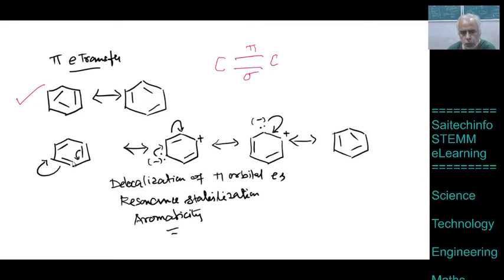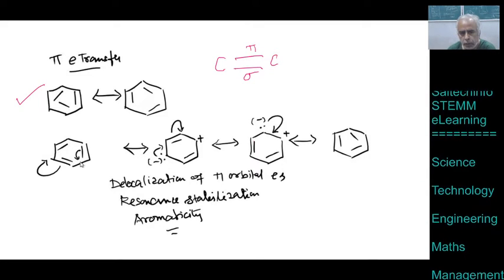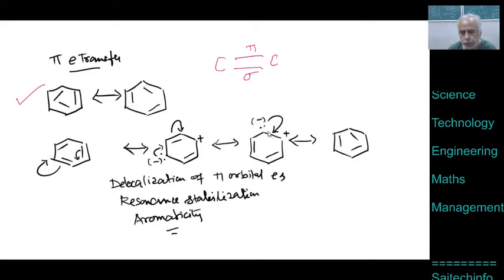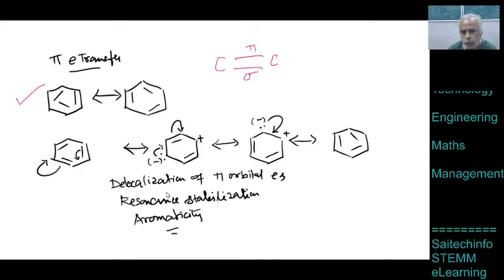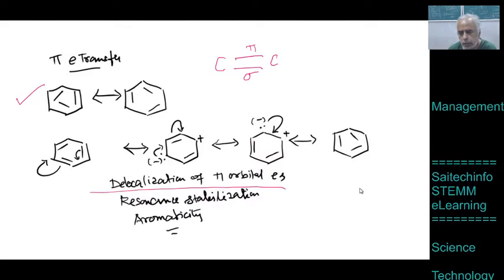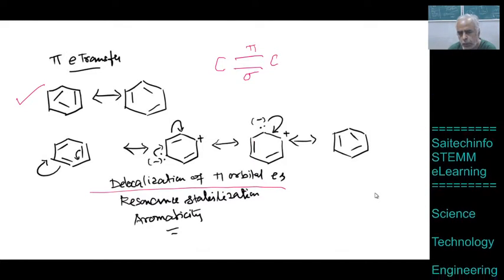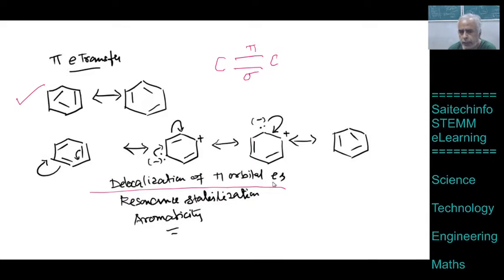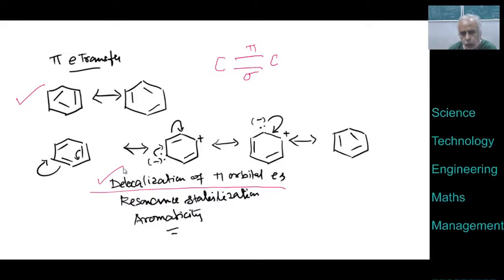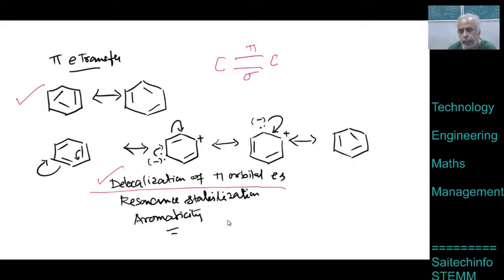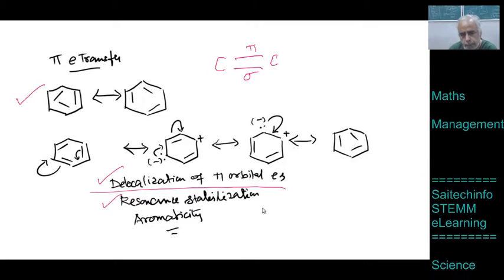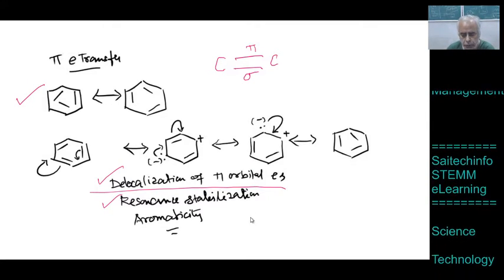So the negative charges are transferred all over the benzene cycle. Thereby the delocalization: localize means position at one place, delocalize means keep moving. So the pi electrons are moving within the benzene, and that is called delocalization of pi electrons, and that is responsible for stabilization of a structure, known as resonance stabilization.